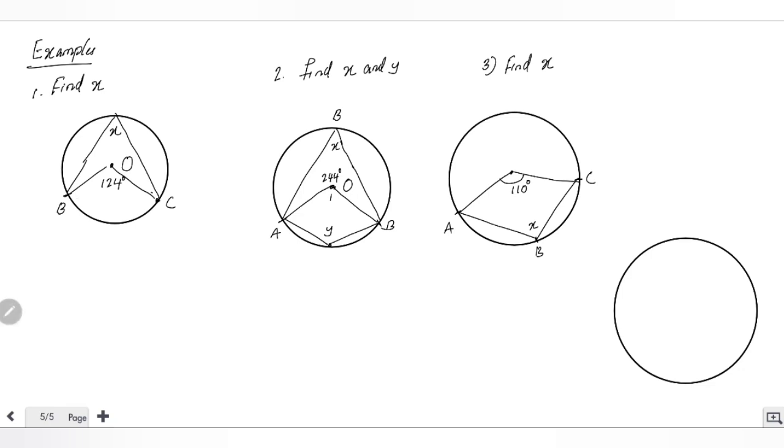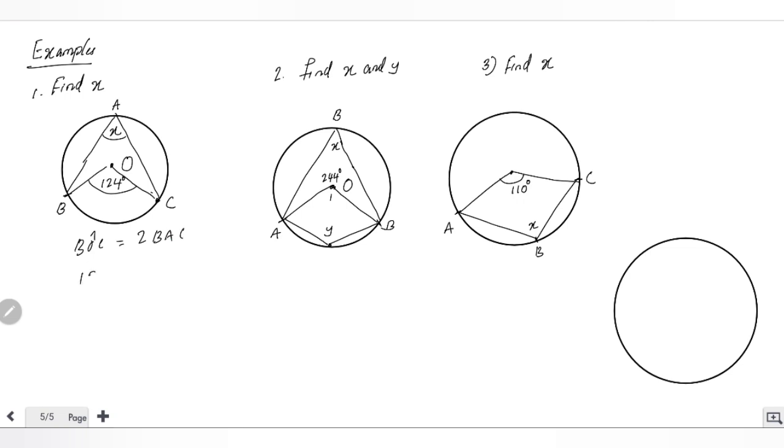BC, angle at the center, we can see that it is 124. And what is the value of x? Angle at the center, that is BOC, is equal to 2 times, if I name this one BAC, isn't it?